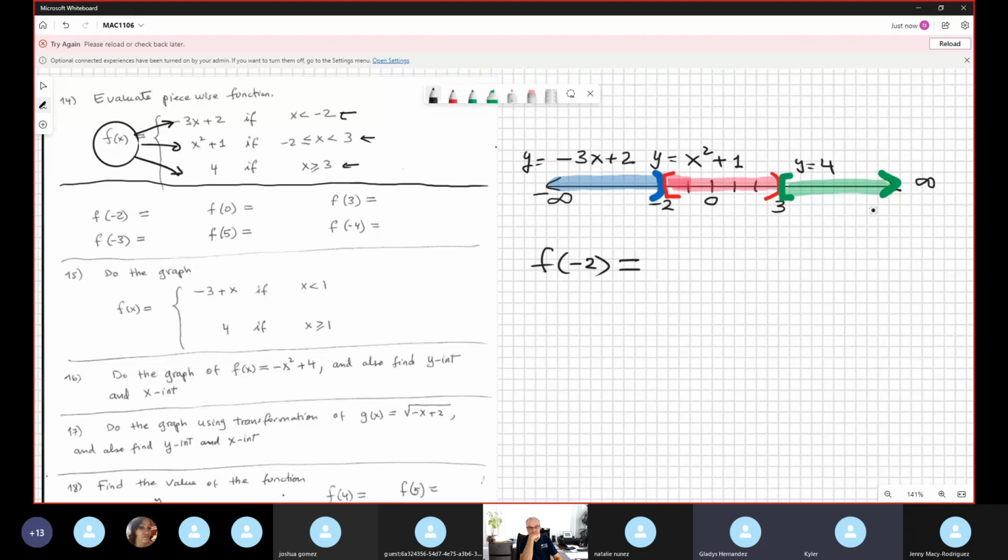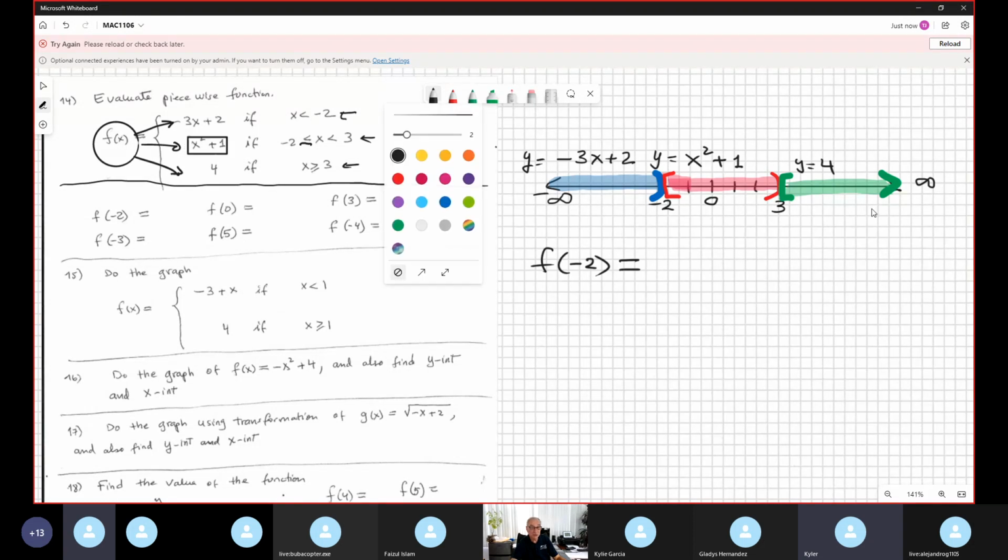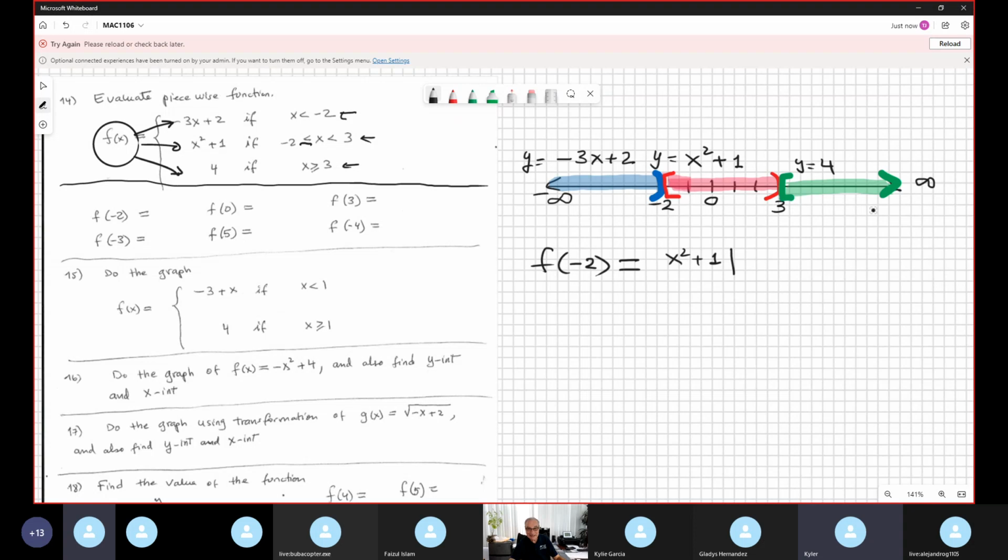To the red, because what is the clue that gives me that information? This equal. Okay, so you select this expression. This is a process, selection, this expression, and I copy, just copy x squared plus 1, and you evaluate at x equal -2.